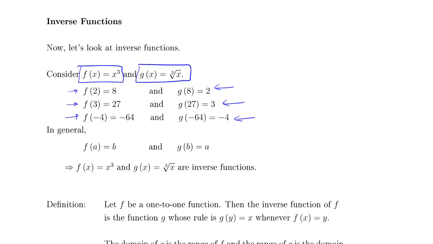What we're seeing is that if f(a) is b, in other words, f takes a to b, then g takes b back to a. This makes these two inverse functions. When you put something into f, you get a certain output. If you take that output and make it the input into g, then you get back what you started with in the very beginning.